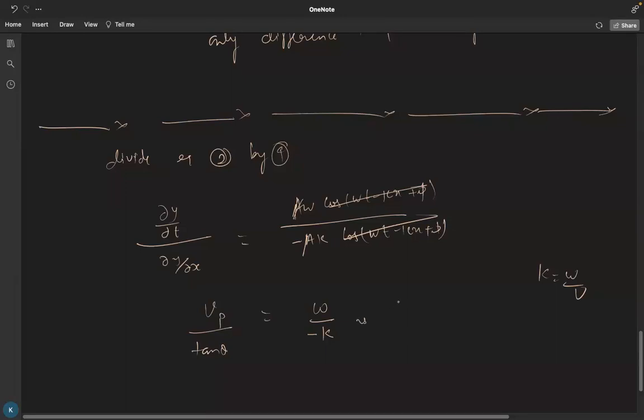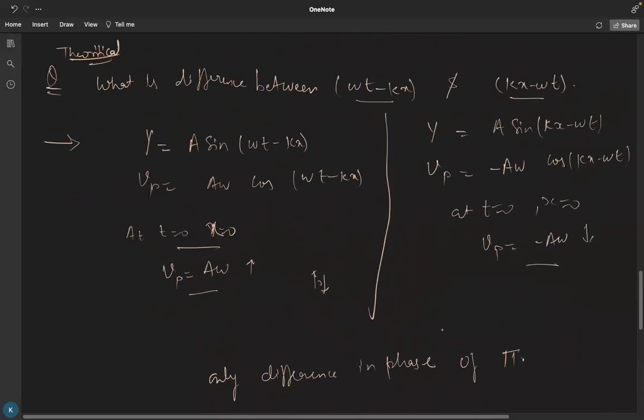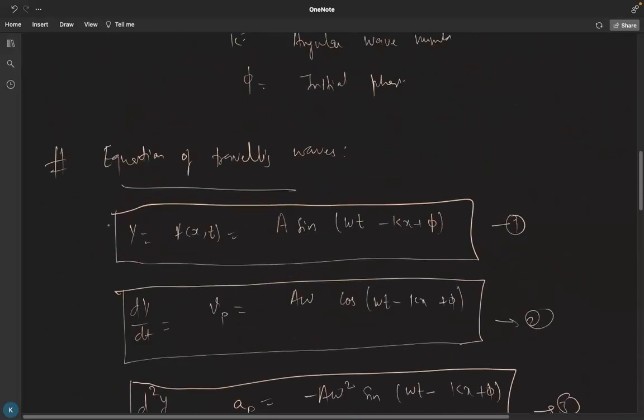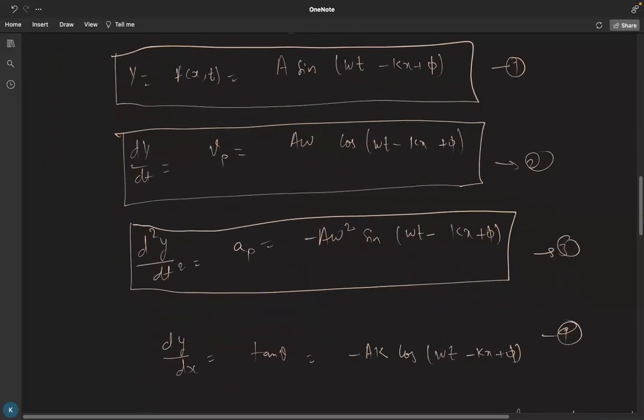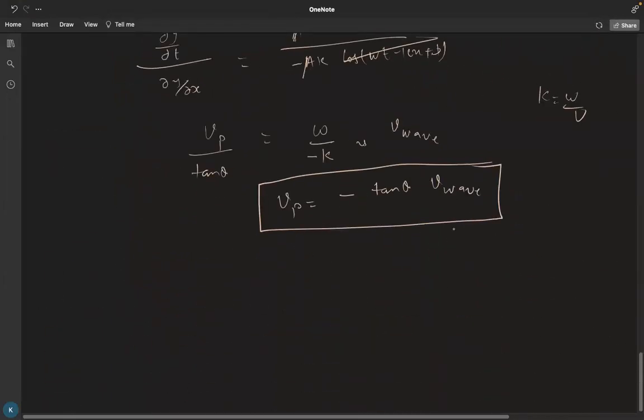So here we'll get the velocity of wave. So we can say velocity of particle is equal to minus tan theta into velocity of wave. This is a relation that we get from here. Again, this is the displacement of the particle, this is the amplitude, and what I'm doing here is dividing dy by dt by dy by dx, that means dividing equation 2 by equation 4 to find some relations.